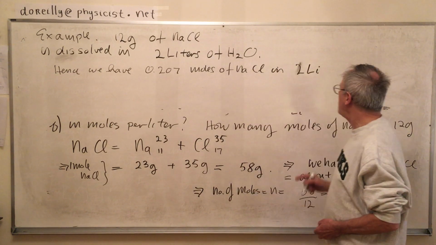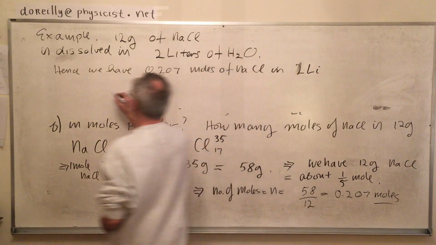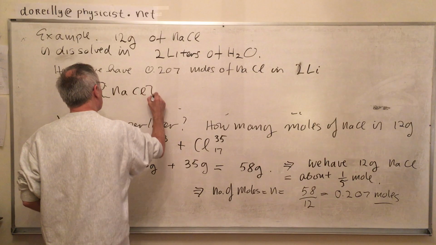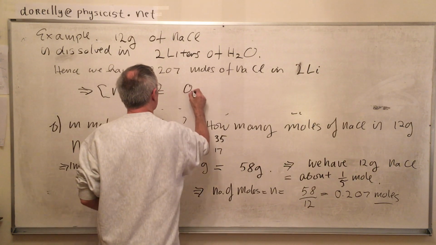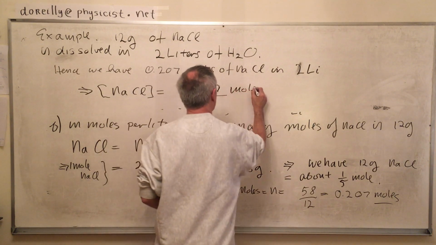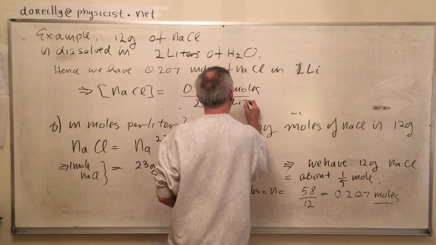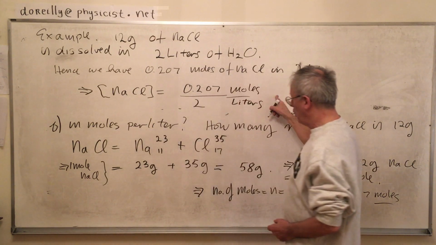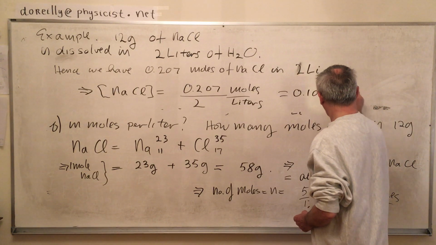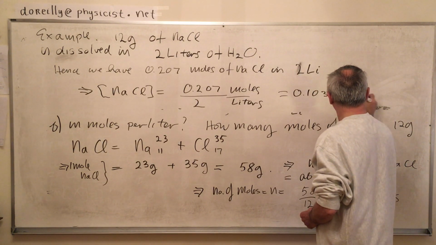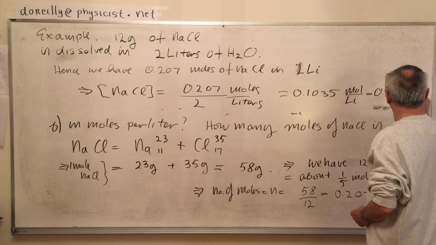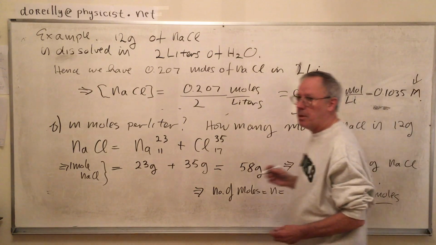We have 0.207 moles for 2 litres, so the molarity is the number of moles in 1 litre. 0.207 over 2 is 0.1035 moles per litre. And chemists use that symbol M.